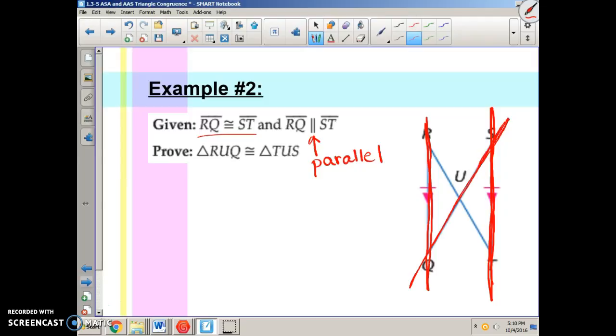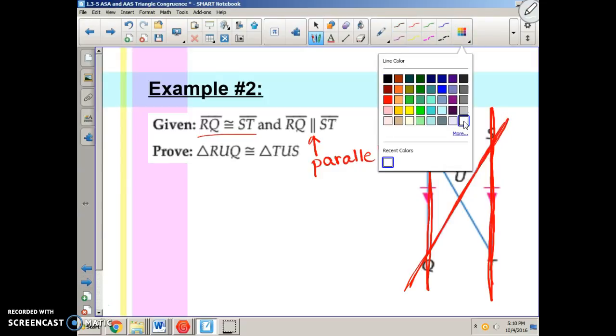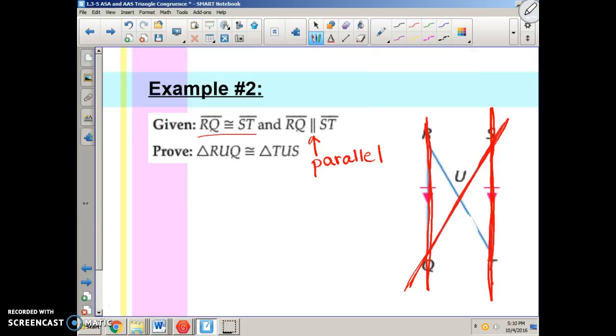If you really want to, you can rotate your paper if that's a little bit easier for you to see. Okay, and I'm actually going to color in this line white. Don't do it on yours, but I'm just doing it to show you that if I eliminate this, there really is a transversal kind of stuck in that picture.